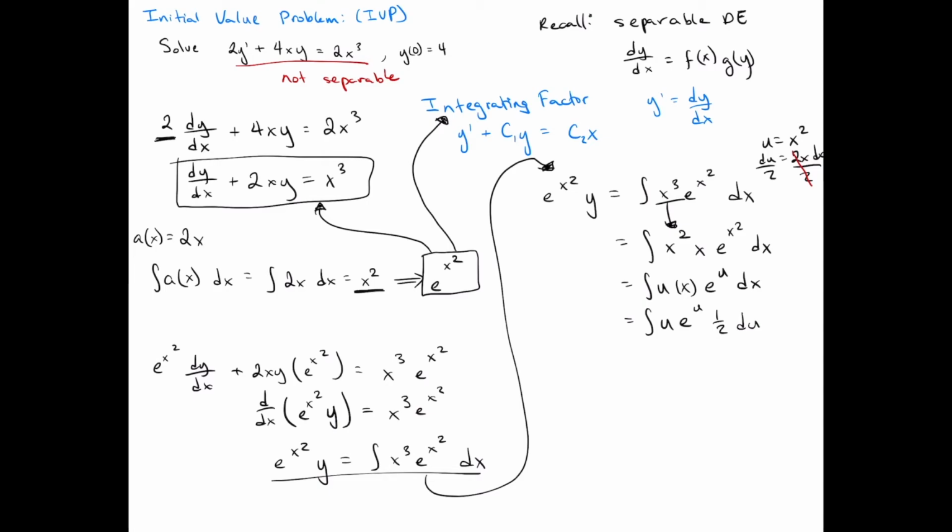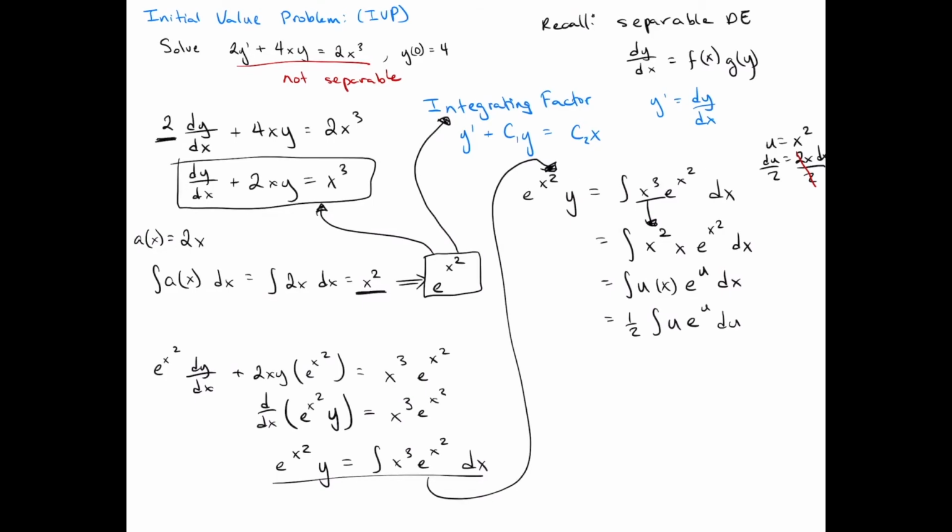So we can rewrite this integral, so it becomes, let's bring it out, 1/2 the integral of u times e to the u power du. Next, we will solve this integral by using integration by parts. So let's say our w is equal to the variable u.